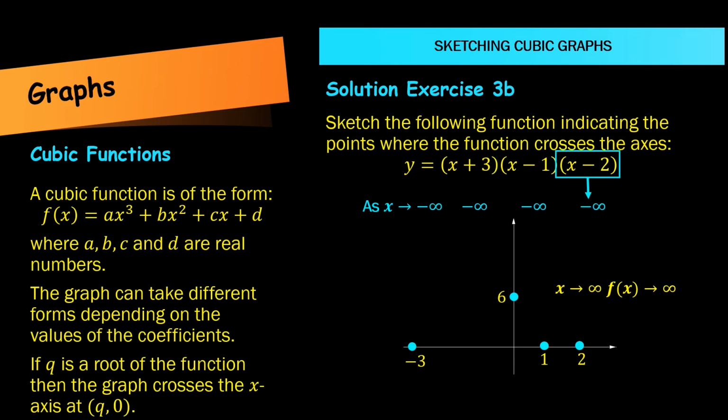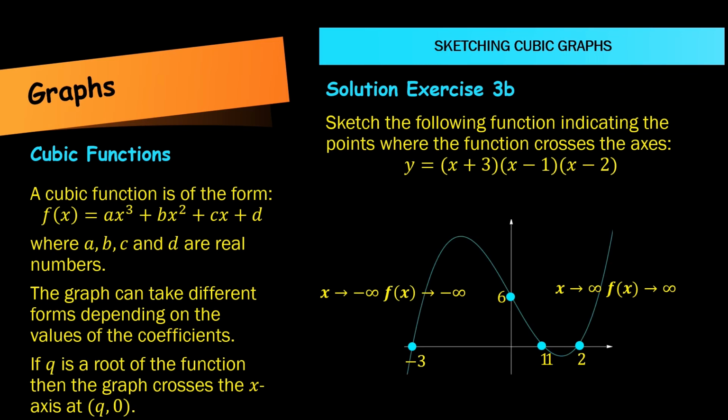So f of x tends to minus infinity also. So let's incorporate these facts into our graph. It's going to look something like this. And here's our graph of y equals (x plus 3)(x minus 1)(x minus 2).